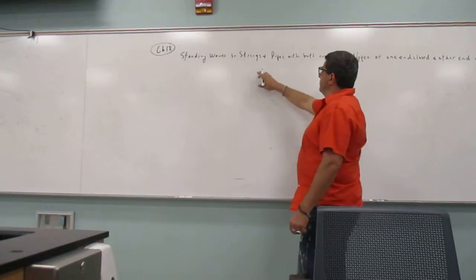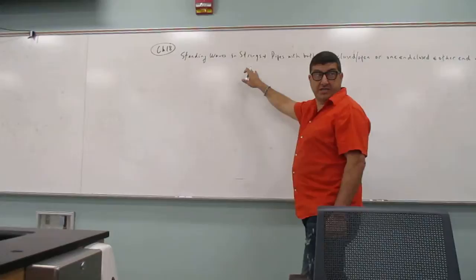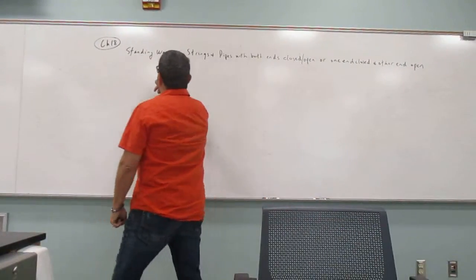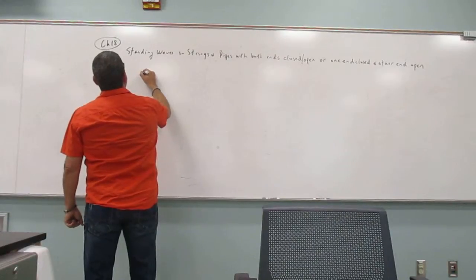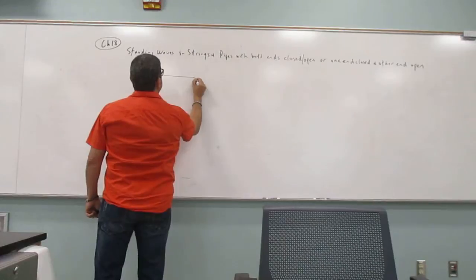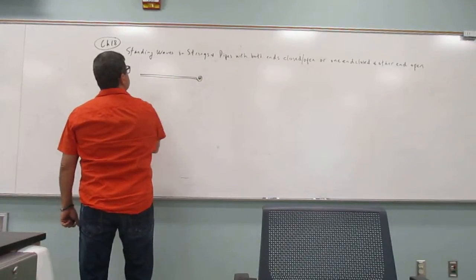So the strings would be like the physics and acoustics of the string instruments. What's going to happen in the string instrument is that you plug one end of the string, something like this. Physics of instruments, right?